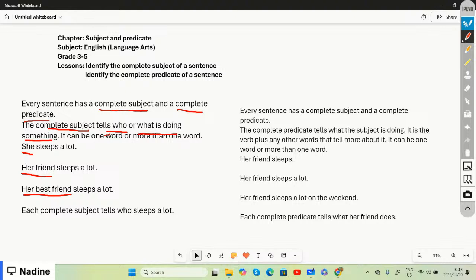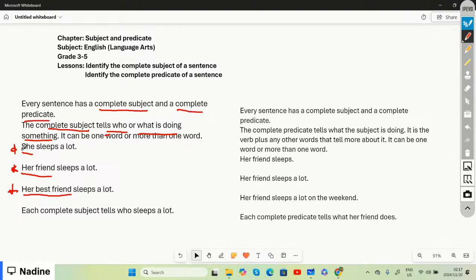If you look at all three of those sentences, the first one says she sleeps a lot, the next one says her friend sleeps a lot, the third one says her best friend sleeps a lot. In all three sentences, the subject tells us who sleeps a lot.